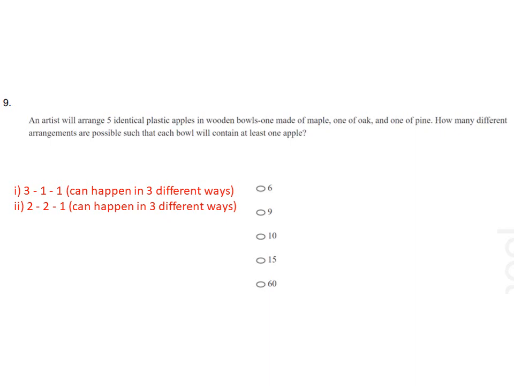So it can also be arranged in 3 different ways: 1, 2, 2 or 2, 1, 2. So there are a total of 3 plus 3 equals 6 different ways. These are some special examples, and you can solve it with simple logical thinking.